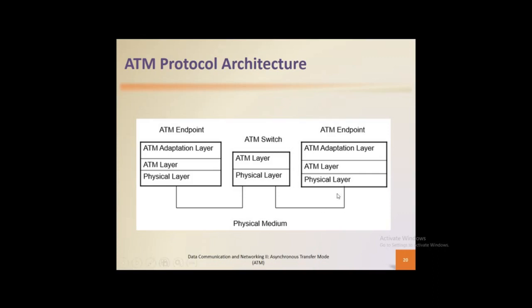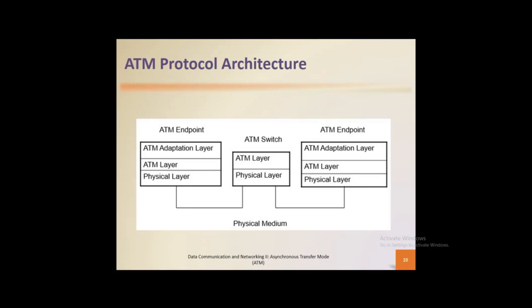Okay, so let's look at the description of some of these layers that we have, starting from the physical layer here. So we're gonna go from bottom to top, I guess. The physical layer is actually the lowest layer in the ATM protocol, and it describes the physical transmission medium, obviously, like the fiber optics or coaxial or twisted pair cables or whatever you have.